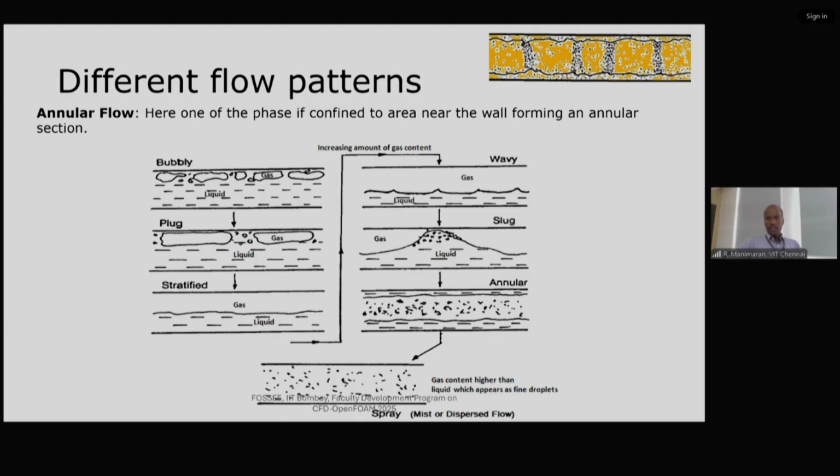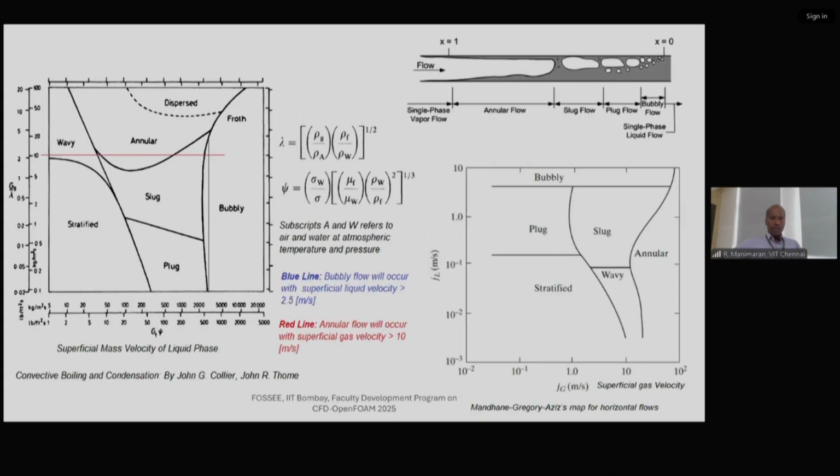Next we will see in a chart, in a graph, how they vary between the parameters. Here we have two parameters mainly, an x-axis and a y-axis: the mass flow of the liquid and the mass flow of the gas. Depending upon the mass flow of the liquid and the gas, regions are formed for different types of flows.